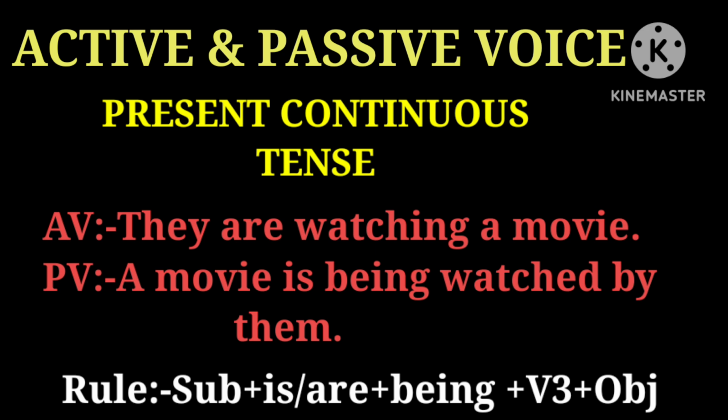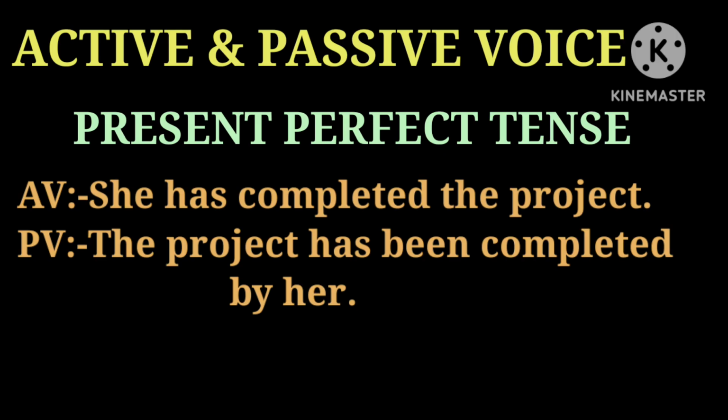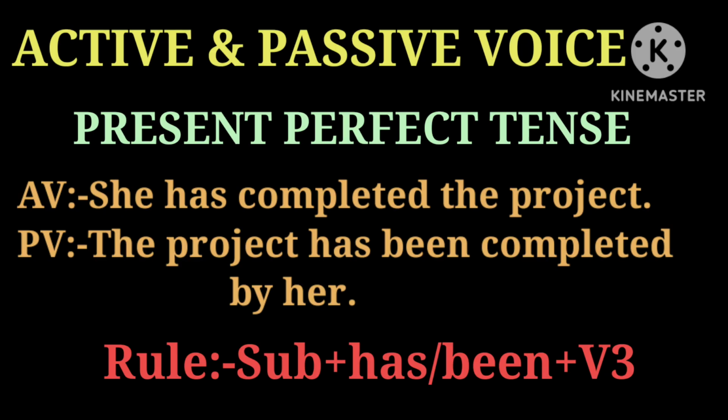Next comes present perfect tense. For example, in active voice, she has completed the project. In passive voice, the project has been completed by her. Here we can observe the rule: subject plus has been plus V3. The project is the subject here, has been completed is the V3.